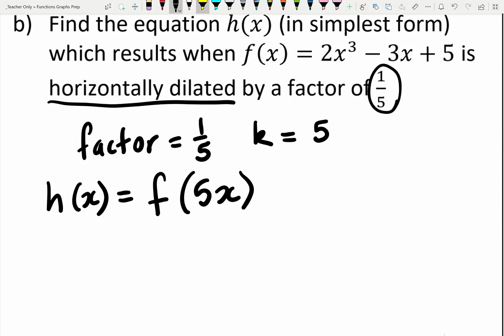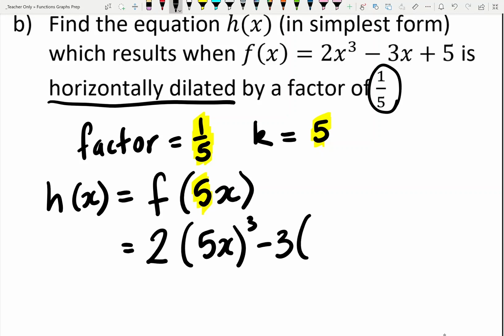It's horizontally dilated, which means it goes inside the bracket, and because it's horizontally dilated, the factor and k are reciprocals of each other. So from there we write out f of x using 5x instead of x. So it's 2 times 5x cubed minus 3 times 5x plus 5.